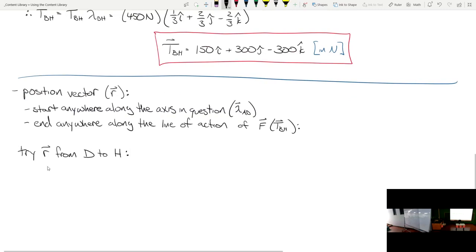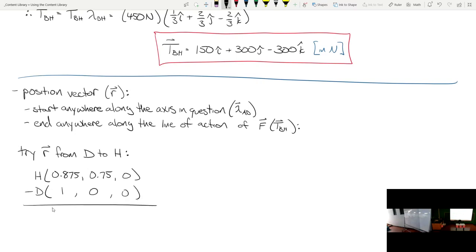All right, so H is 0.875, 0.75, and then 0. D is 1, 0, 0. So we get negative 0.125, 0.75, and 0.